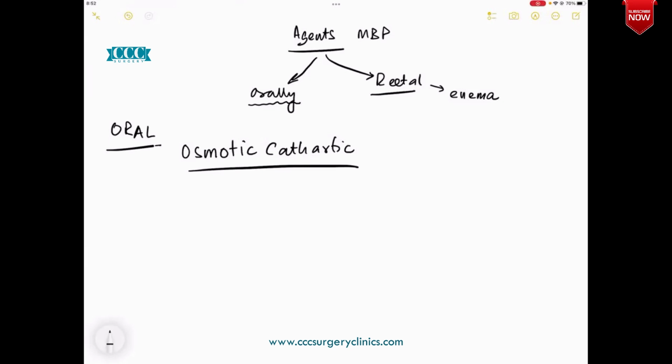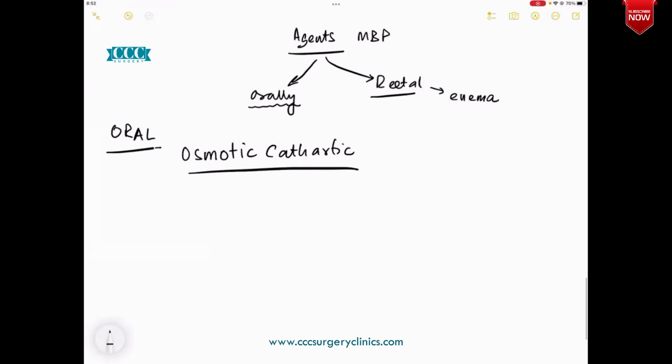The best example of osmotic cathartics is sodium phosphate, which is usually present in the form of a tablet. The mechanism of action is that sodium phosphate acts by drawing in the water.